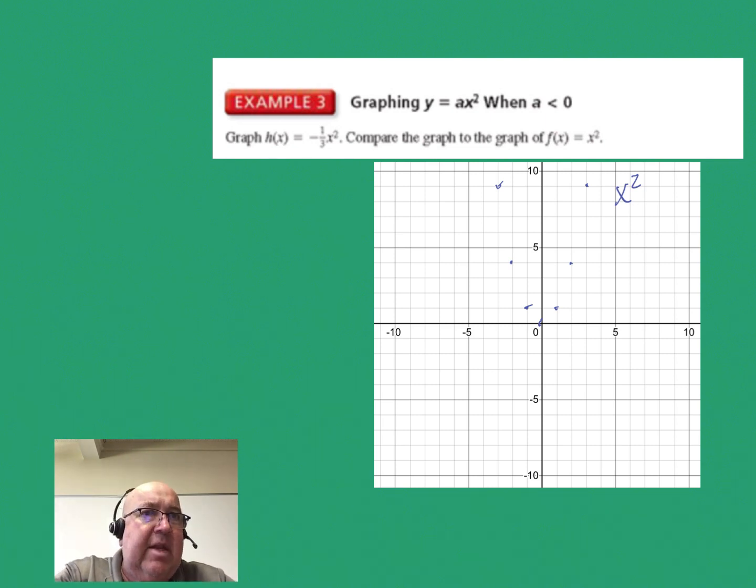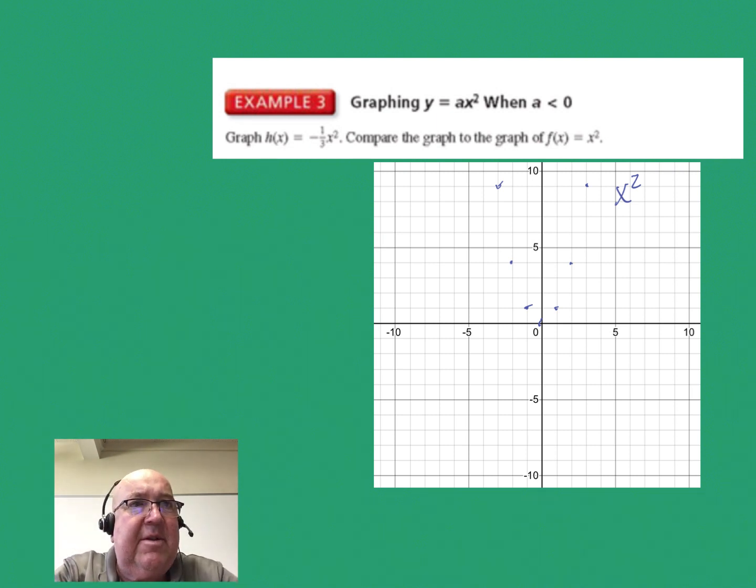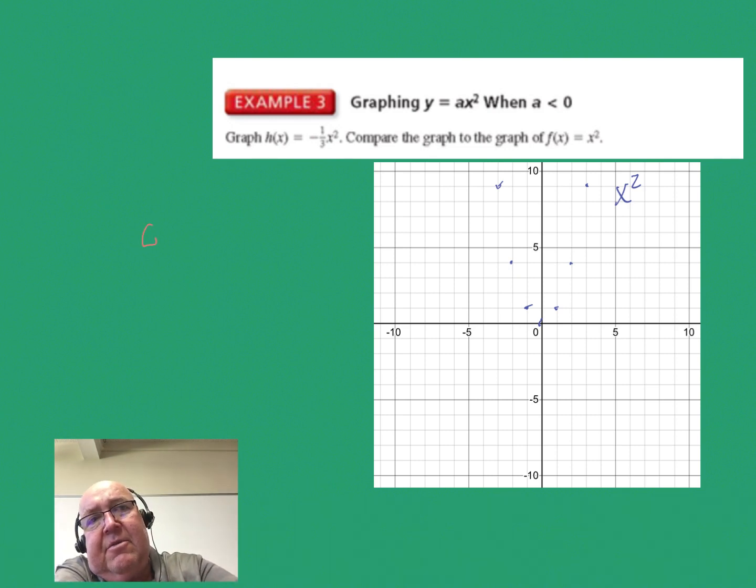So we know that we're going to be opening downward. If I put x values in, let me do 0, 1, 2, 3.